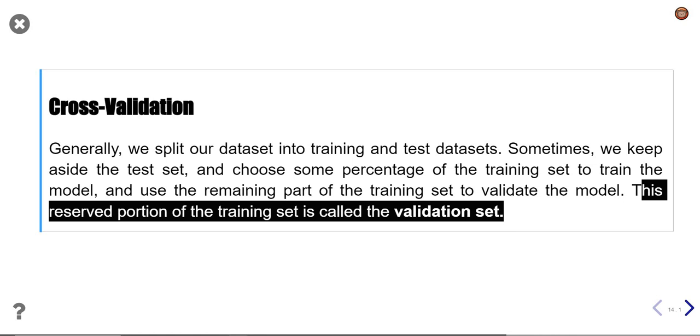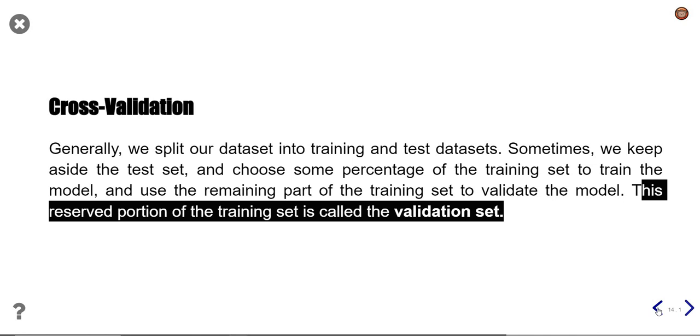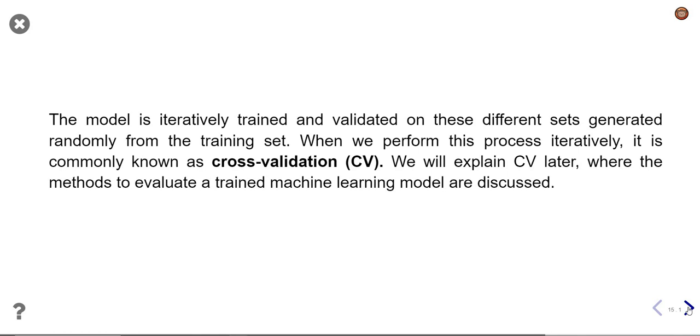Training and test data set. Training is what you use to develop the model. The test data set you use for validation. It's also known as the validation set. Cross validation is the approach of how you use the training and testing sets.